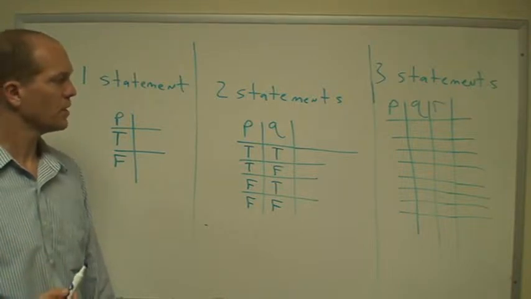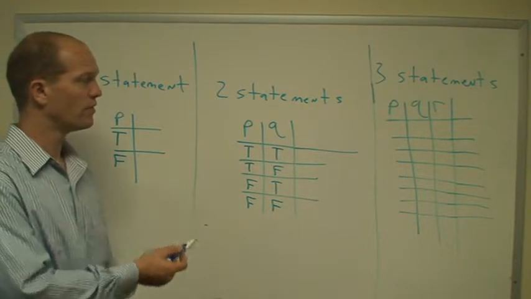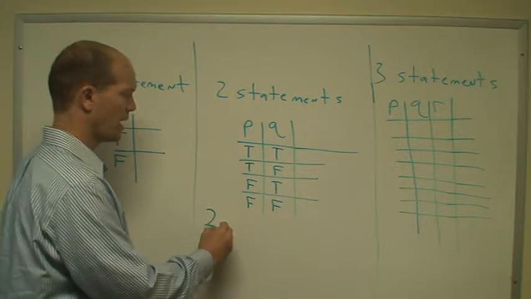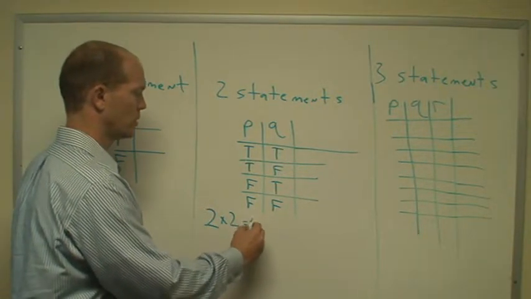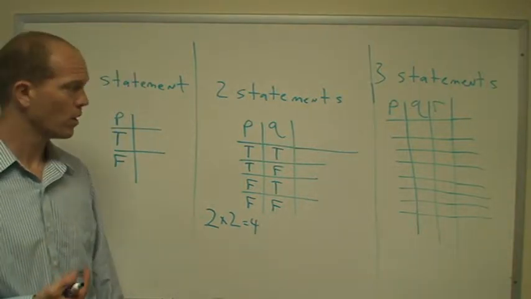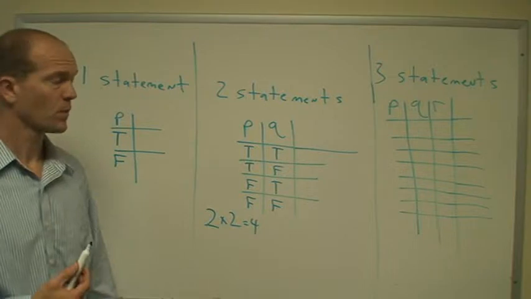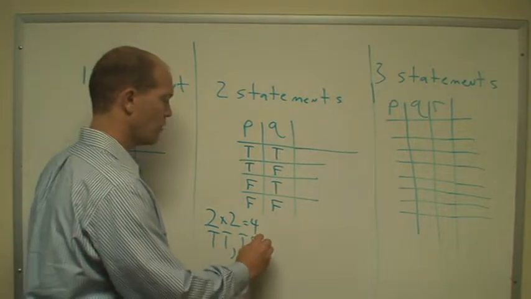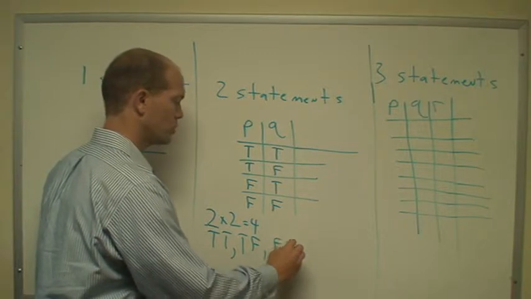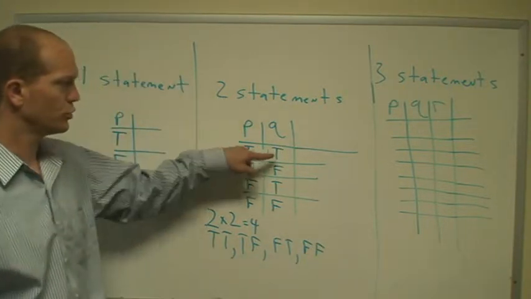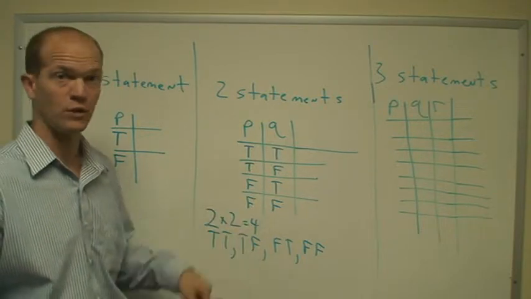What we should see here is that there's a total of 4 rows, which comes from the fact that each of P and Q have 2 possible truth values. To get the overall result, we're going to take 2 times 2 and see that there are 4 interplays here. In fact, what they are is true, true, true, false, false, true, and false, false for those values.